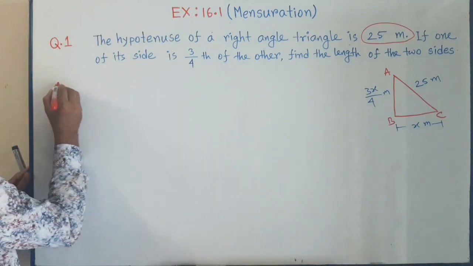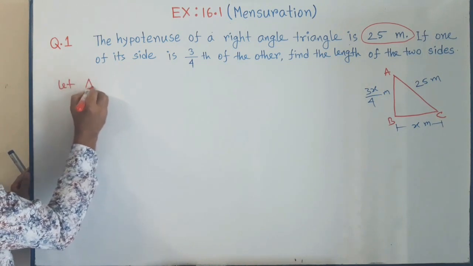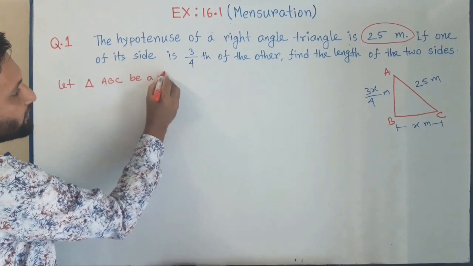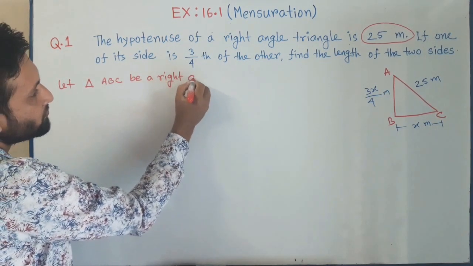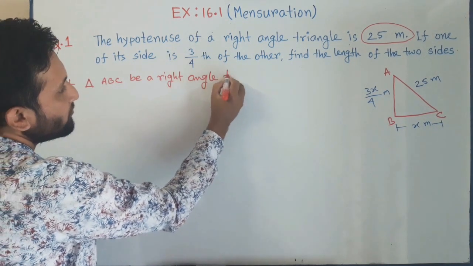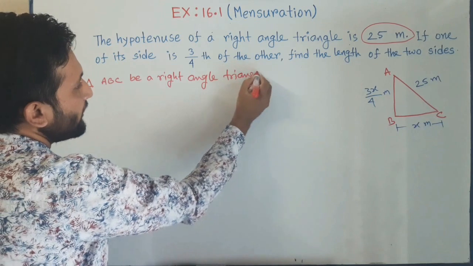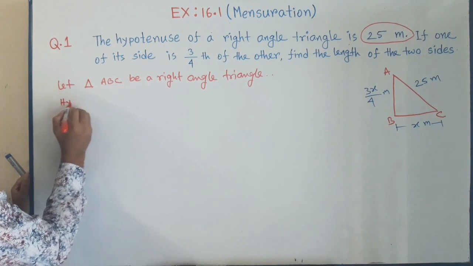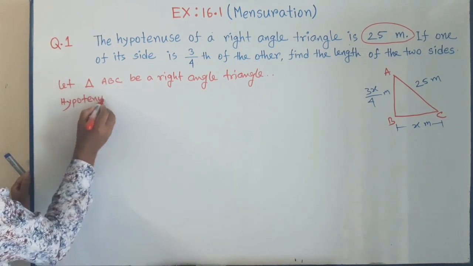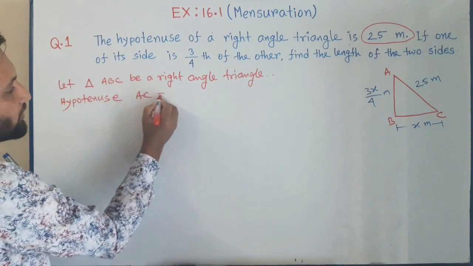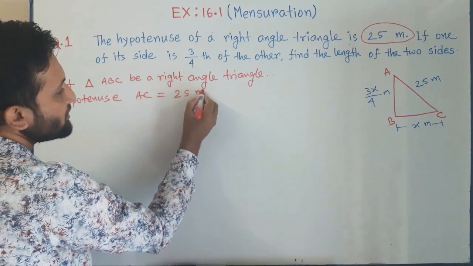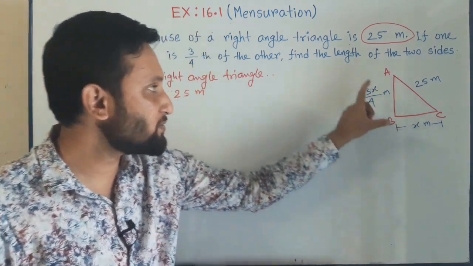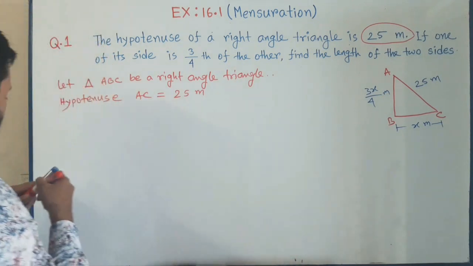At first write, let ABC be a right angle triangle, right angled at B, where hypotenuse AC equal to 25 meter according to the question, and let one side BC equal to x meter, so the other side must be 3x/4 meter.